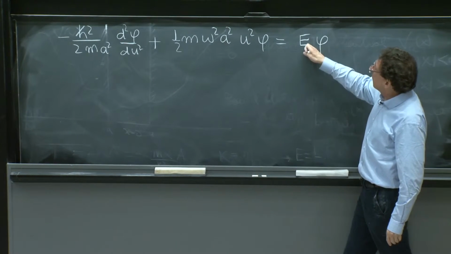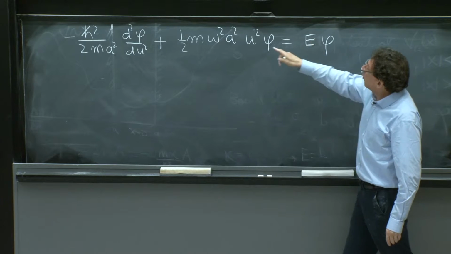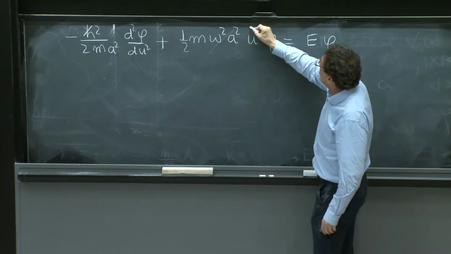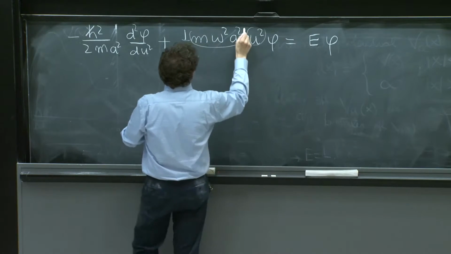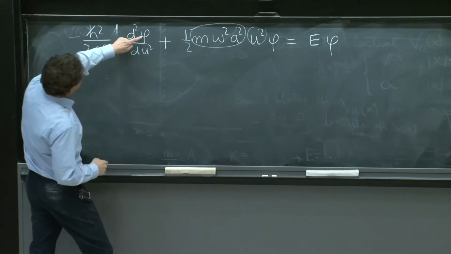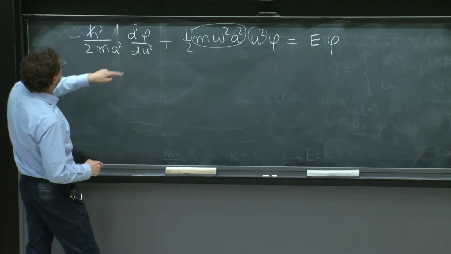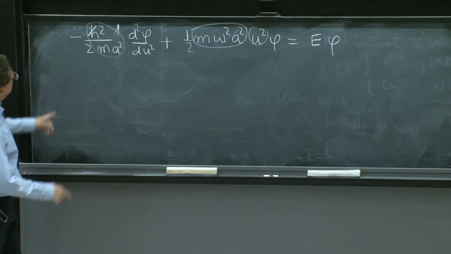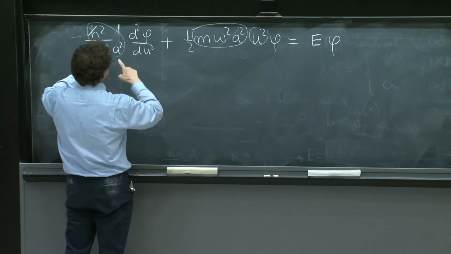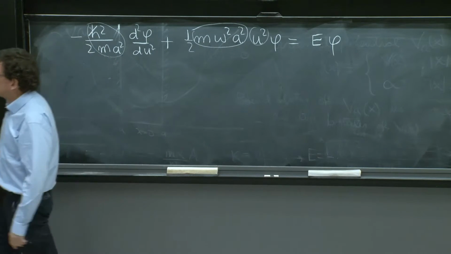Here is units of energy, but u has no units, so this has no units. So this must have units of energy. And since u has no units, this derivative has no units, and this must have units of energy. And these two numbers must be something nice if you substitute a squared.